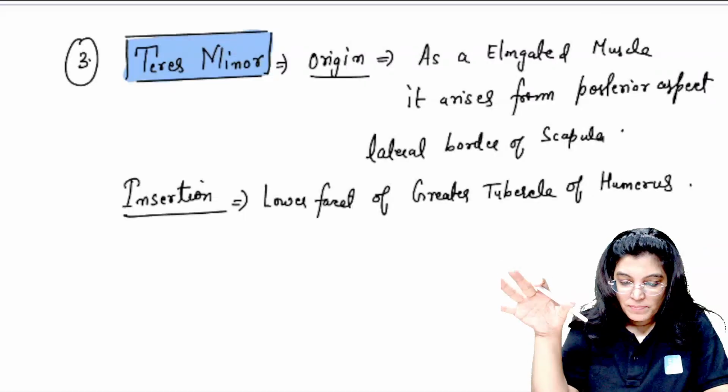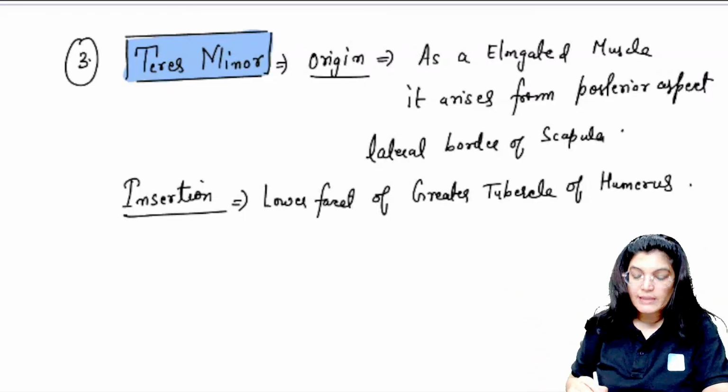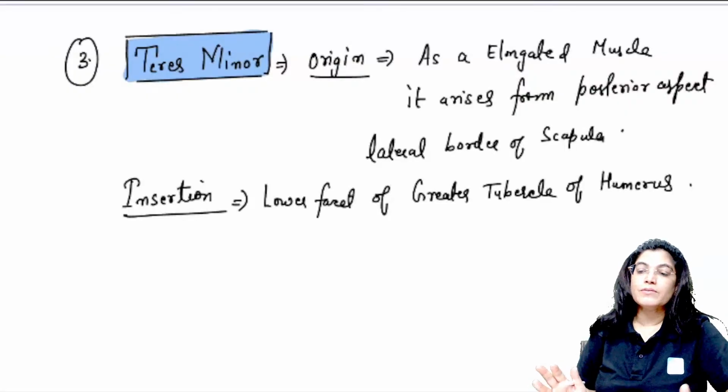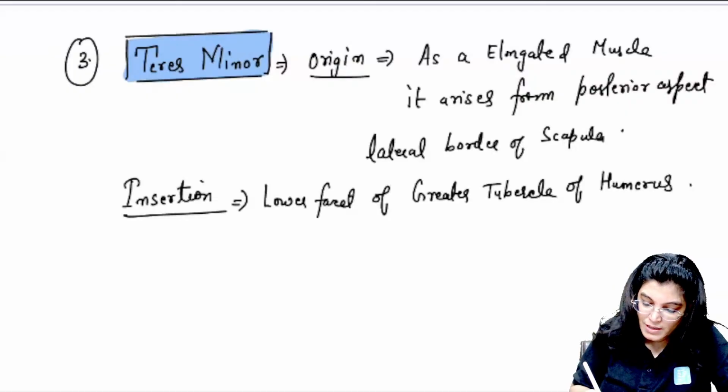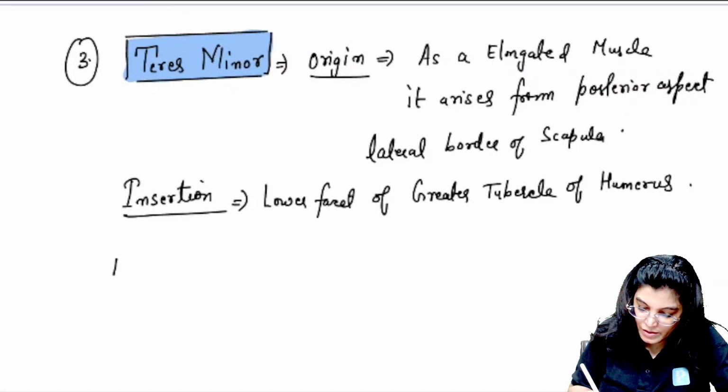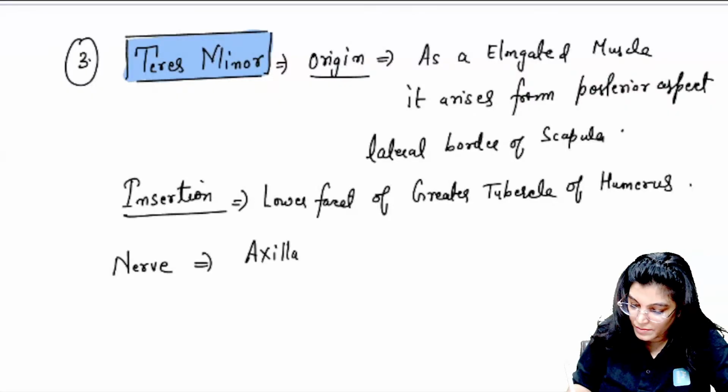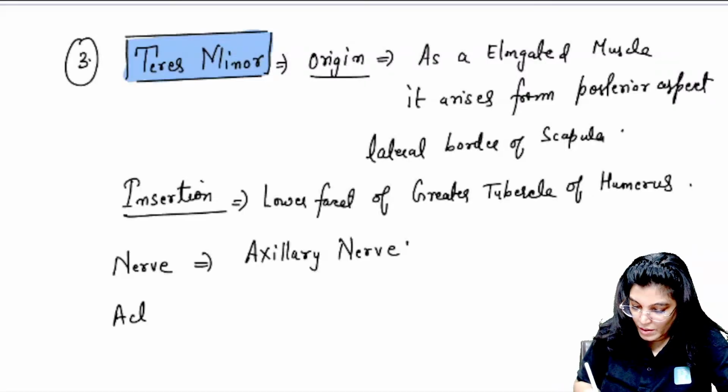muscle. So basically, if I talk about nerve supply, teres minor is another muscle which receives nerve supply similar to the deltoid muscle, that is, the axillary nerve. So it is getting innervation from the axillary nerve. And what about its action?